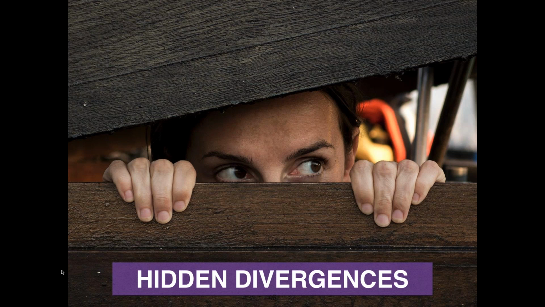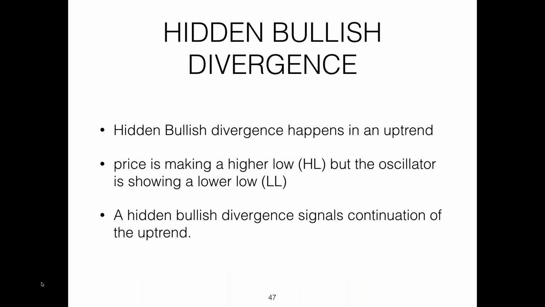If your existing trend is bearish, a bearish hidden divergence tells you that the downtrend will continue. These hidden divergences happen at correction or consolidation points within the uptrend or the downtrend. So hidden divergences are the trend follower's best friend. Hidden divergences tell you continuation of a trend.